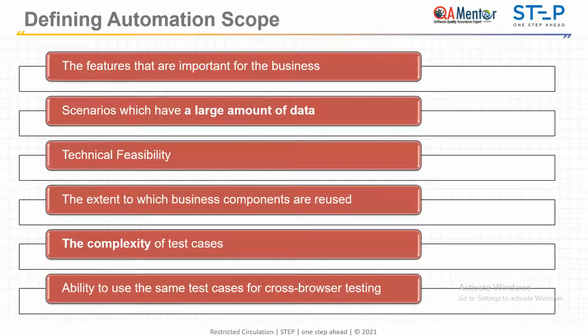We need to think about whether it is technically feasible to do the automation or not. When we talk about automation testing, is our application suitable for automation technically?